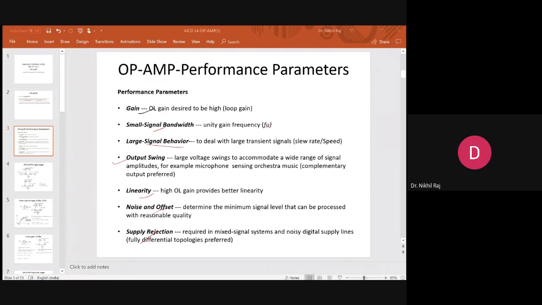Okay. So we were in the performance parameters of OPAMP: gain, bandwidth, the small signal bandwidth, large signal behavior, the slew rate, then swing, linearity, supply, and the noise.